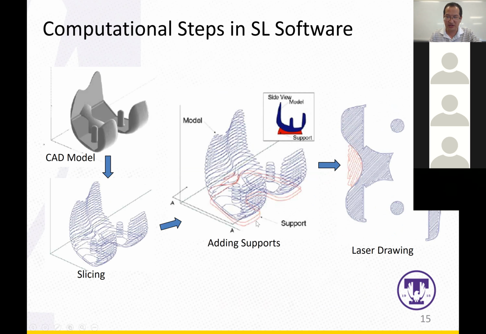If we check one layer like this one, you can see some regions in different colors. One is the blue region and another one is the red region. The blue one is for the part, and the red region is for the support material, right?